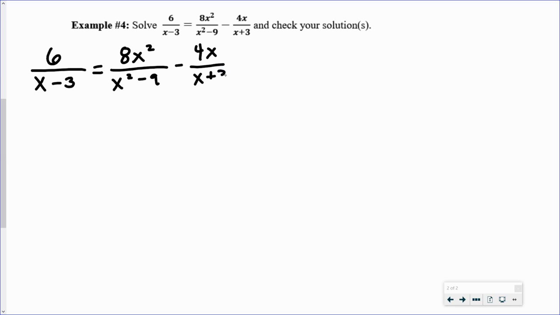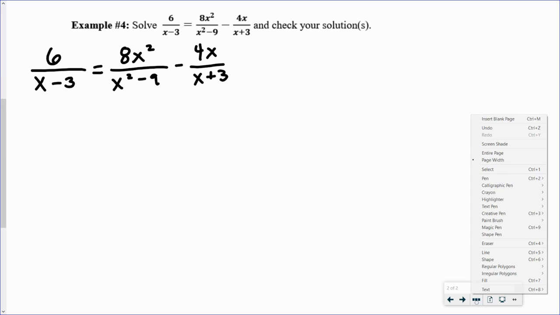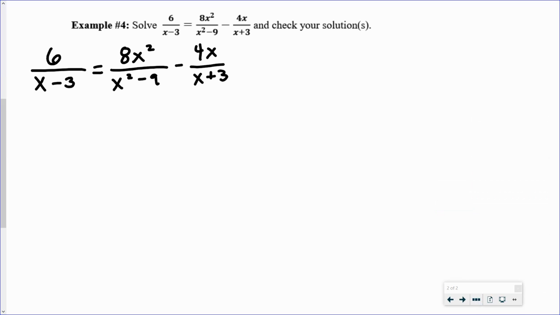All right, so first thing I'm going to do is look at all the denominators, see if I can factor them any further, and then try and determine what the least common denominator is. If we look at the first expression, x minus 3 is factored as far as it can be factored, so I'm just going to leave that alone for now. X squared minus 9 is a difference of squares, so that factors to x plus 3 times x minus 3.